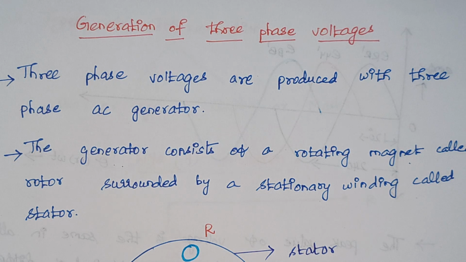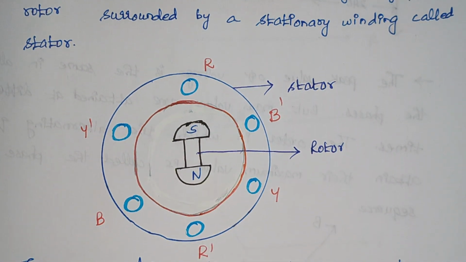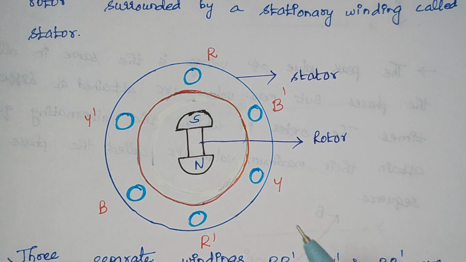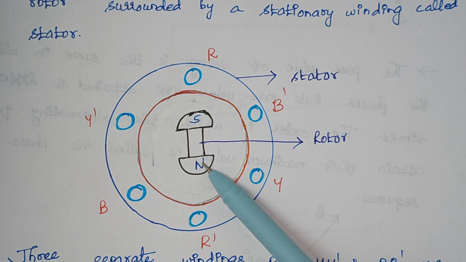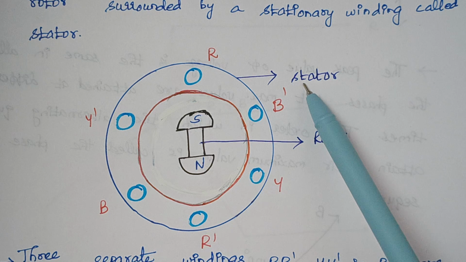This is a simple diagram which shows an AC generator comprising stator and rotor. The rotor is a magnet which rotates, and the stator consists of windings in it.